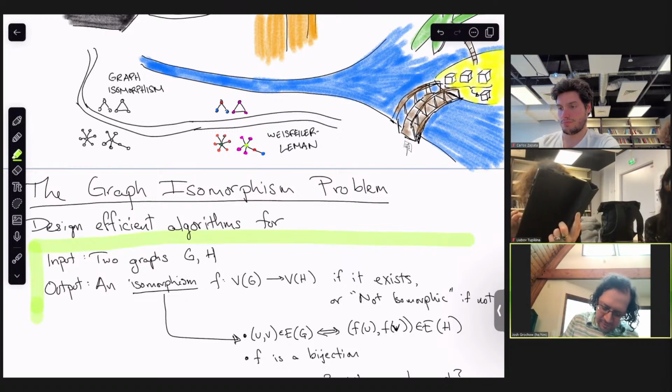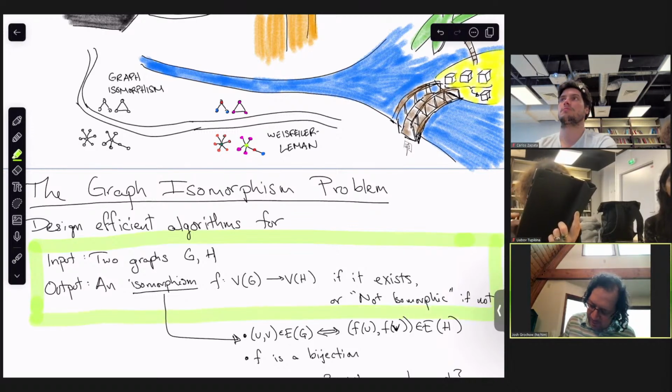And the goal is to compute an isomorphism between them, and I'll say what that is in a second. So the goal is to either find an isomorphism between them, if it exists, or to say they're not isomorphic.